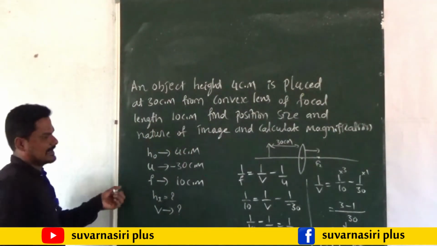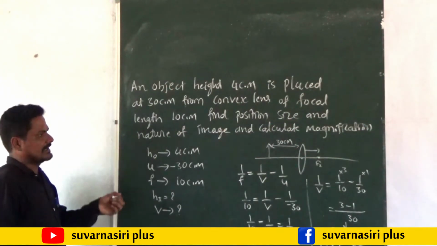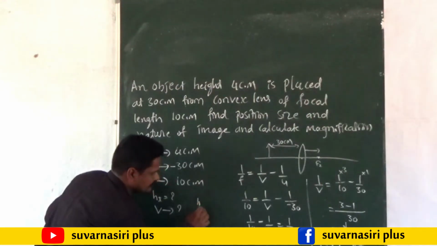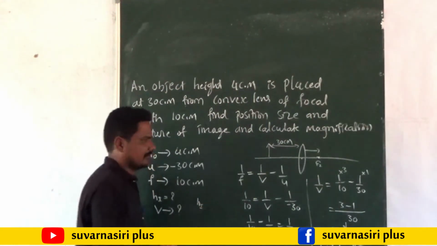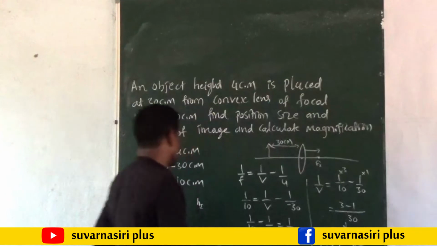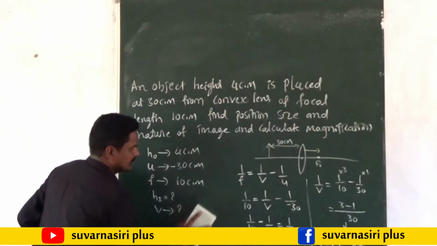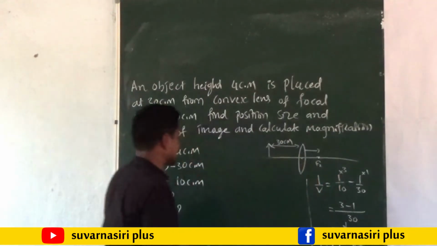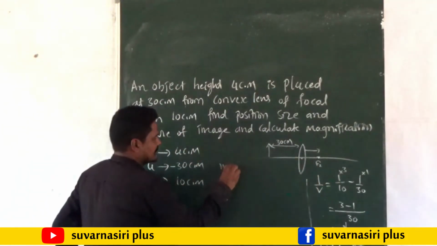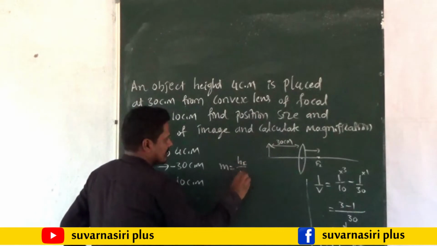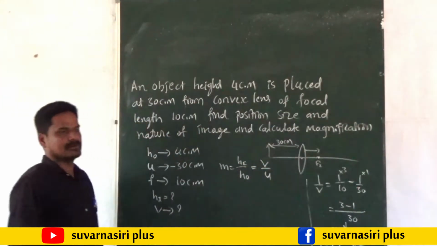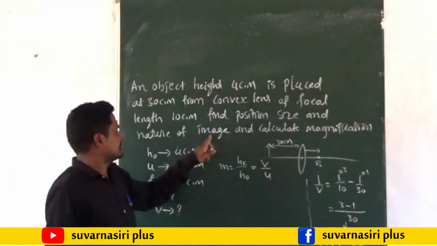So m is the height of the image to the height of the object, which is equal to v by u.